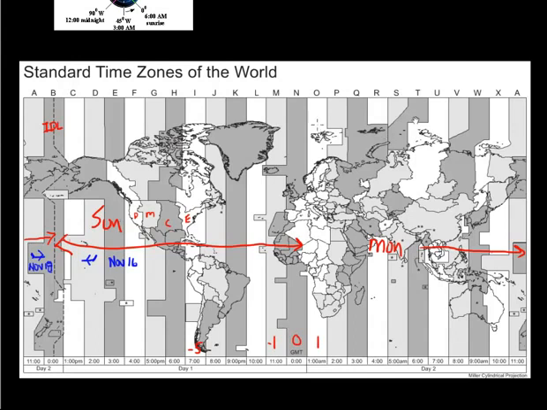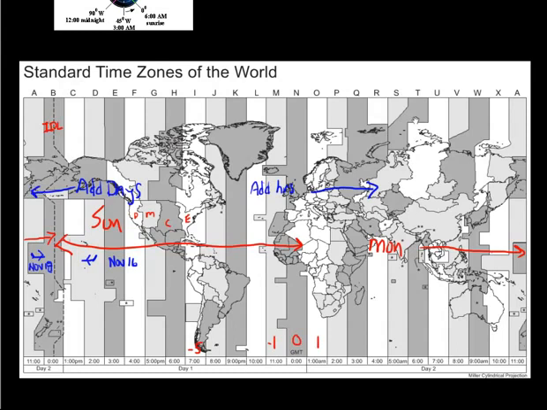What we do is we add hours going this way, and we add days crossing this line. And you can see why this wants to zig and zag.